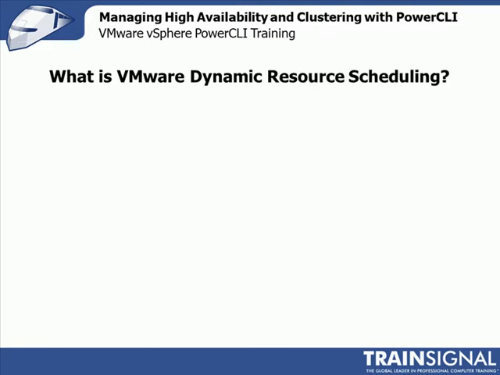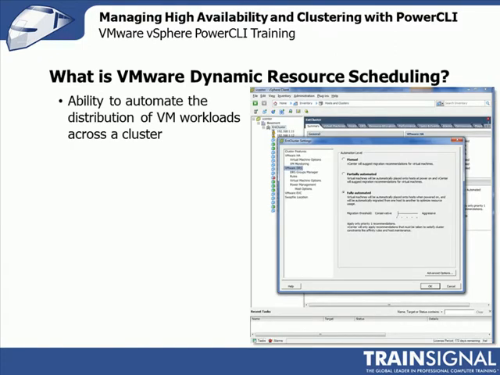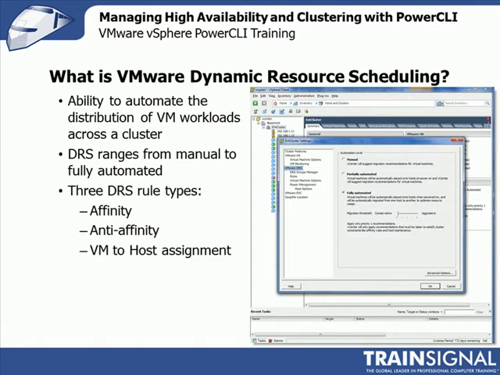Let's talk a little bit about Dynamic Resource Scheduling, or DRS. This is the ability to automate the distribution of VM workloads across a cluster. Your DRS options range from manual to fully automated. With manual, basically you have to make all the decisions yourself about where the workloads are being placed.